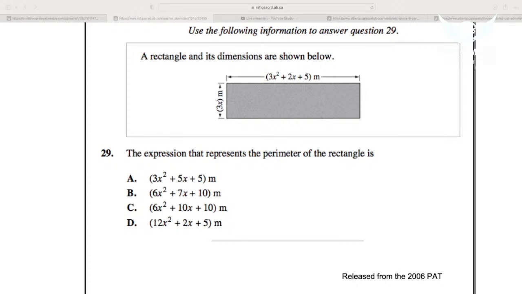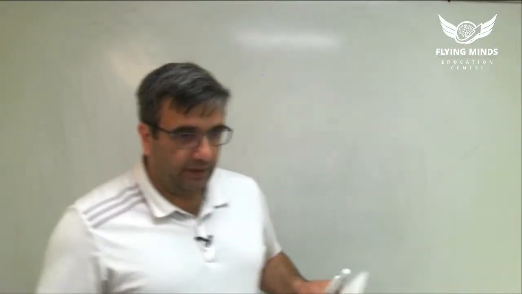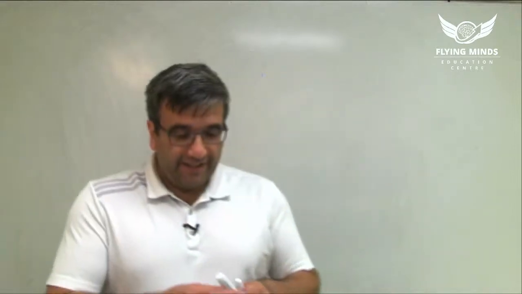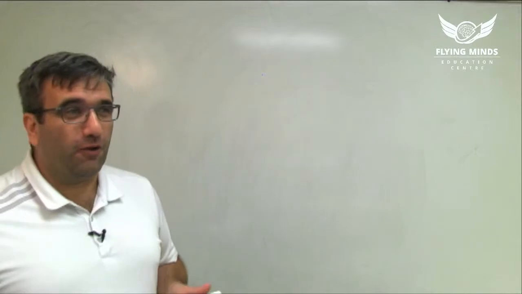Okay, so a rectangle and its dimensions are shown on the screen. The expression that represents the perimeter of this shape. Yeah, so it happens to all of us, right?